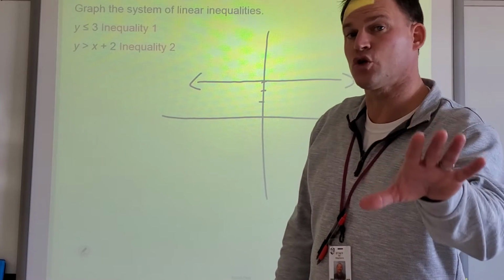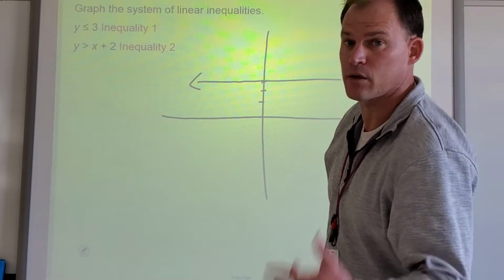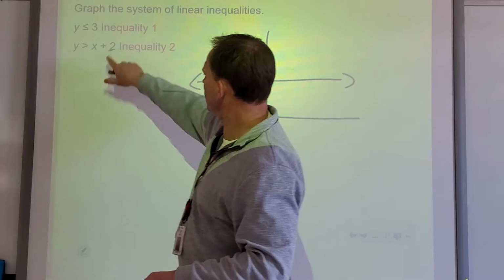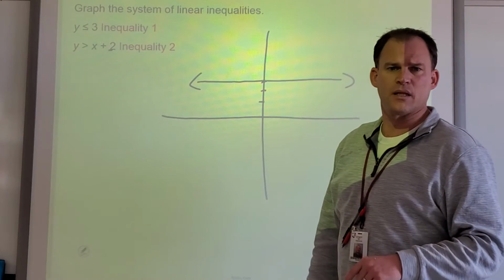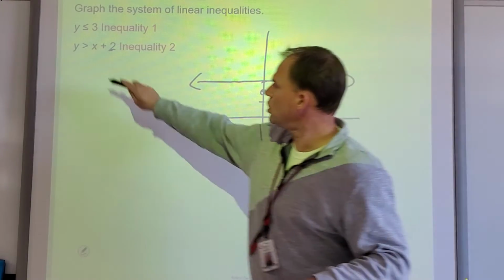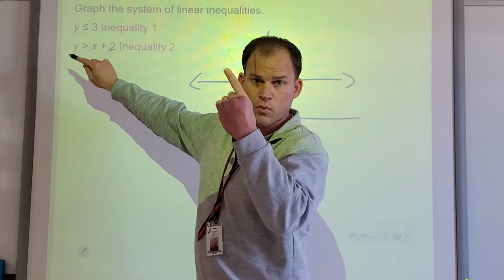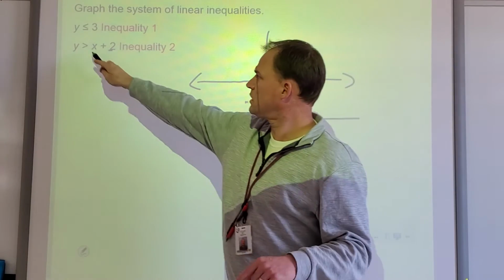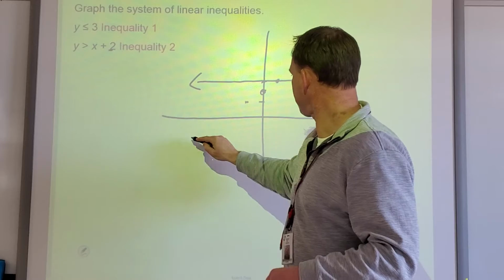Hold off on the shading part here. Let's get the other line up here, okay? So how am I going to graph that line? Intercept at 2. Slope is up 1, right 1. Solid or dotted?